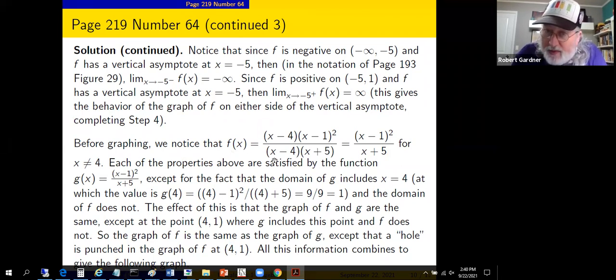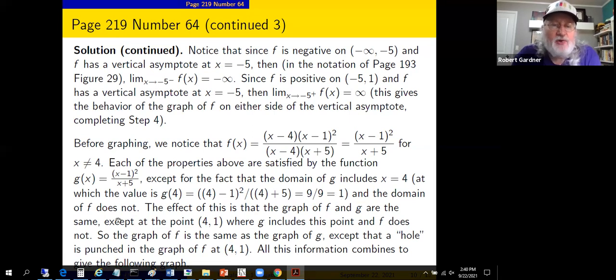You can't plug 4 into the original one because you get division by 0. If we plug 4 in to this, we'll get (4 minus 1) squared divided by 4 plus 5. That's 9 over 9 equals 1. I commented about this earlier. But this function, nice and continuous at 4, just passes through that point, (4, 1).